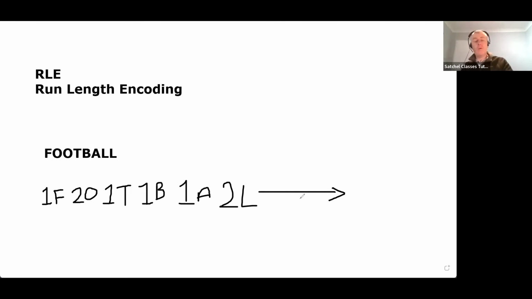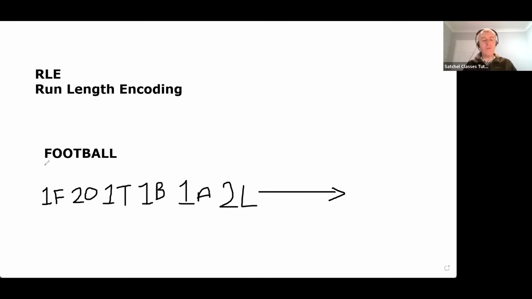We work our way along, and we can get back to the original word, which is football. As you can see, it hasn't really compressed it that much, but when you understand that each letter might be 8 bits of information, you can see how it might have reduced that word down a little bit. But football, a good example to use in this case.